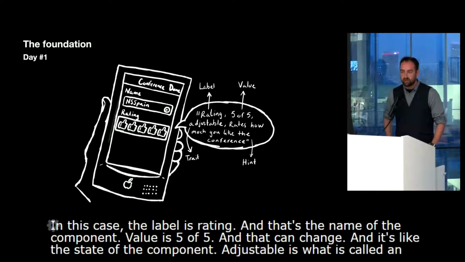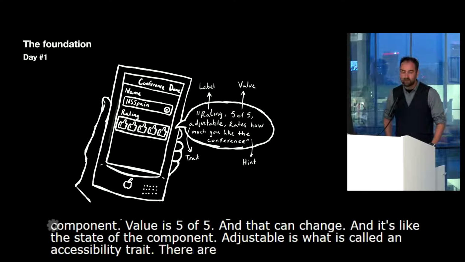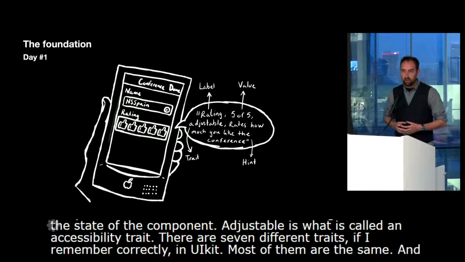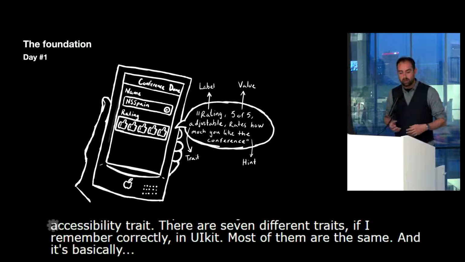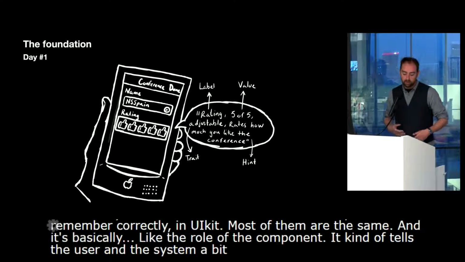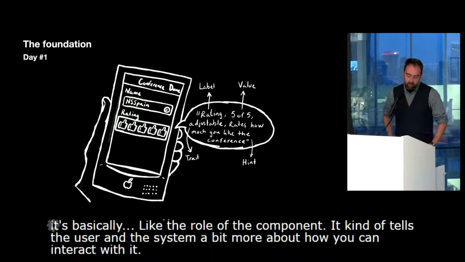There's 17 different traits, if I remember correctly, in UIKit. It's a bit different in SwiftUI, but most of them are the same. And it's basically the role of the component. It tells the user and the system a bit more about how you can interact with it. And then rates how much you like the conference is what is called a hint, which is optional.